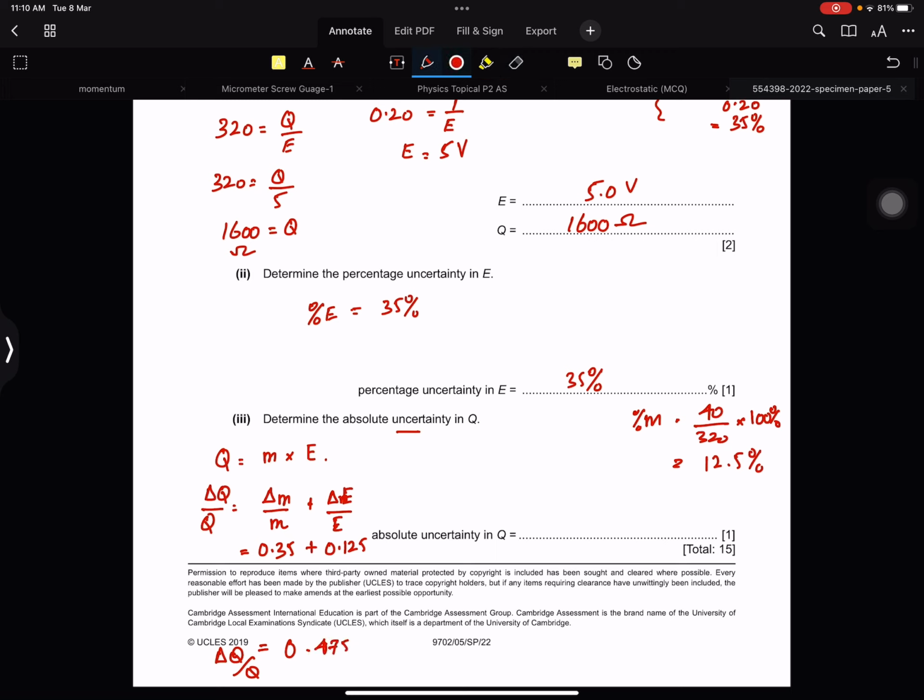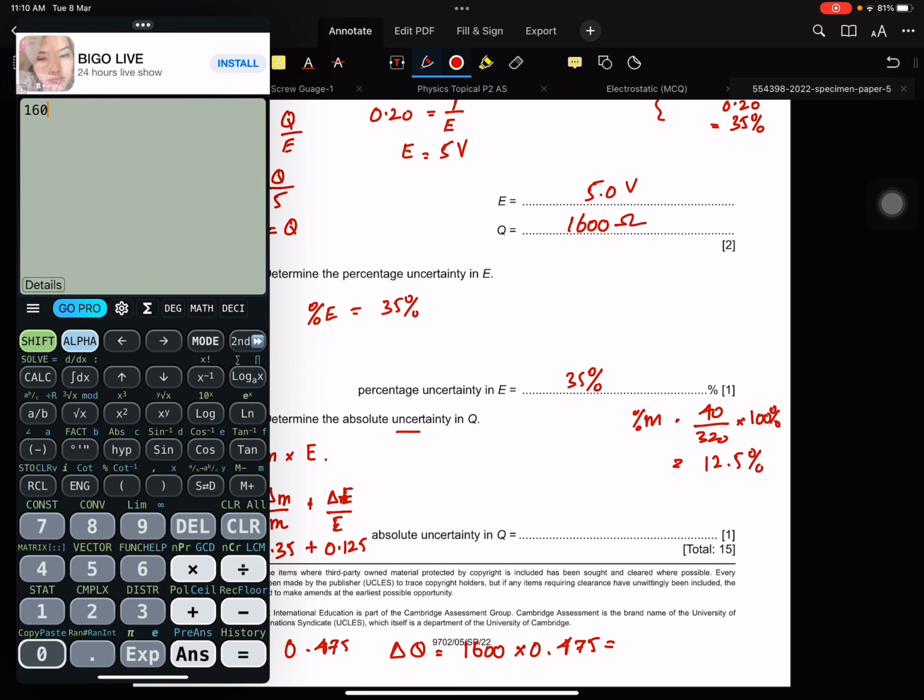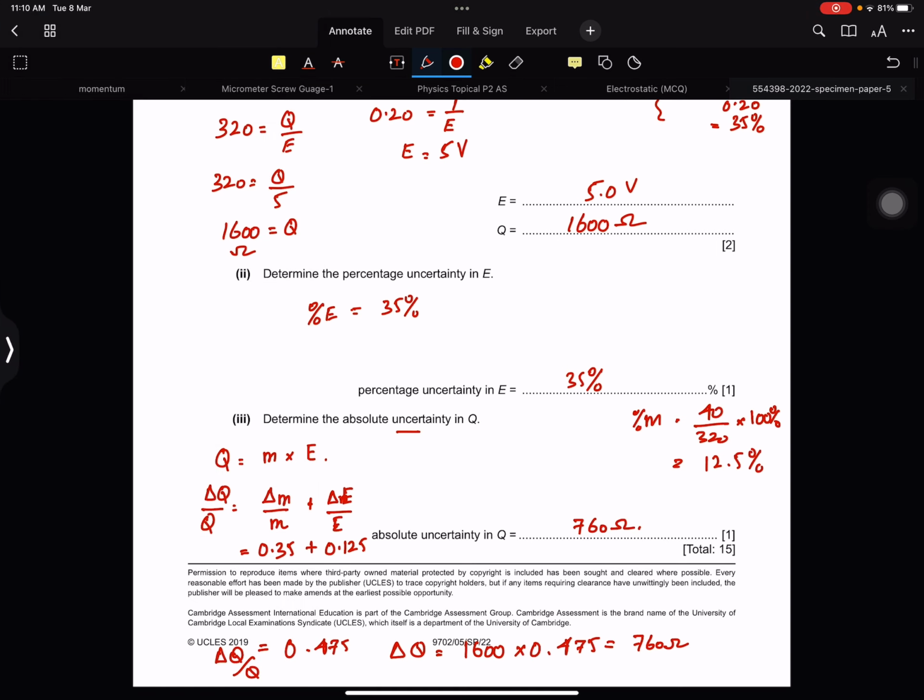Then to find the uncertainty in Q you need to multiply the value, which is 1600, by 0.475, so 1600 times 0.475 is 760. So the uncertainty will be 760 ohms, and that's how we do it.